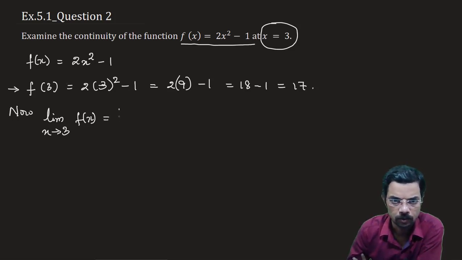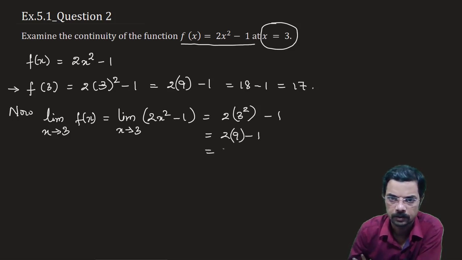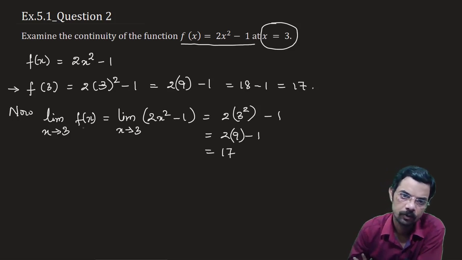So that will be equal to limit x tends to 3, f of x is 2x square minus 1, which is equal to 2 into x square, means it is 3 square, minus 1, which is again equal to 2 into 9 minus 1, that is 17. So therefore the limit of the function is equal to the value of function.